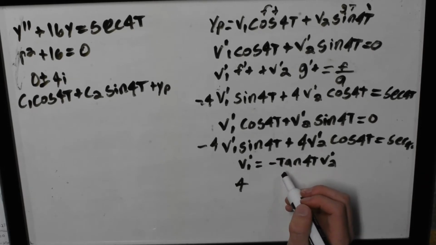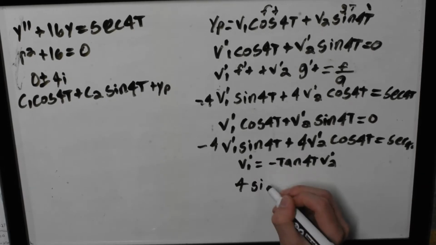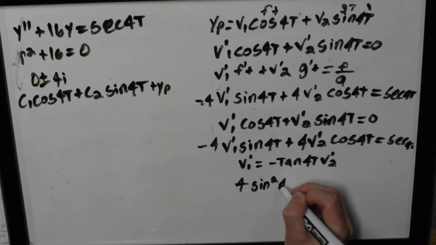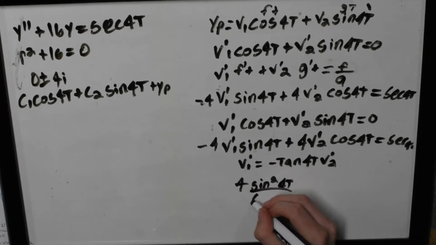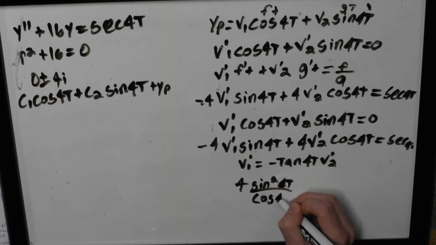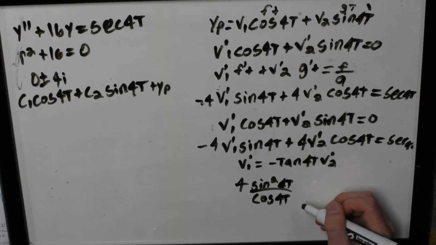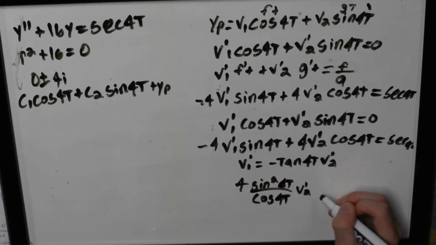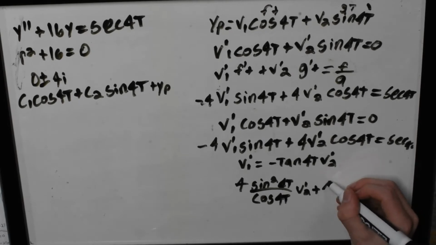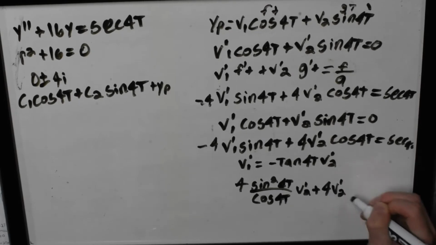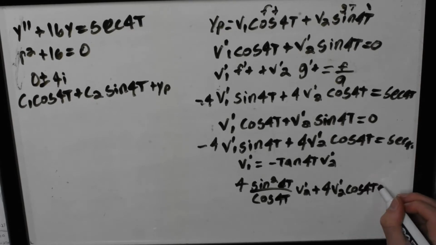Tangent is sine over cosine, so sine squared 4t over cosine 4t times v prime 2, plus 4 v prime 2 cosine 4t is equal to secant 4t.